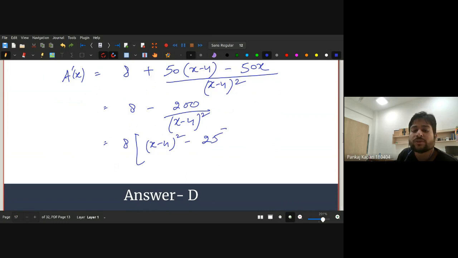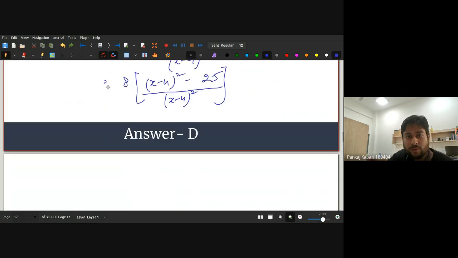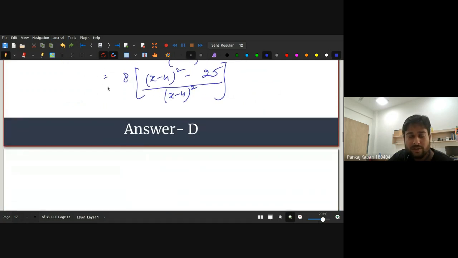So the derivative can be written like this. Okay, so let's simplify further. We have to find out where the derivative becomes 0. Let's open the bracket. You can notice that the denominator is never 0, so this factor will not contribute to anything.